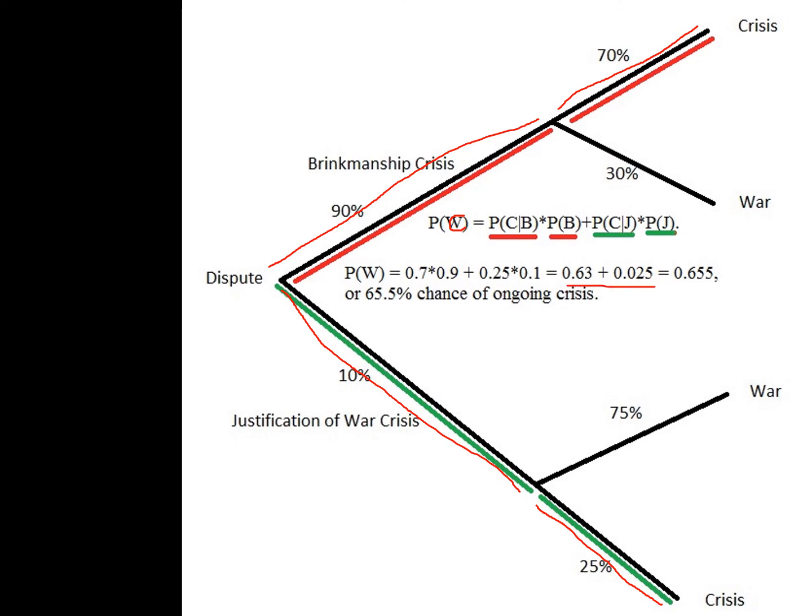And this gives us a result of 0.63 plus 0.025 is equal to 0.655, which indicates there's a 65.5% chance of these events turning into an ongoing crisis and not a war. And you can see that the probability of war at 34.5% plus the probability of an ongoing crisis at 65.5% is equal to 100%.